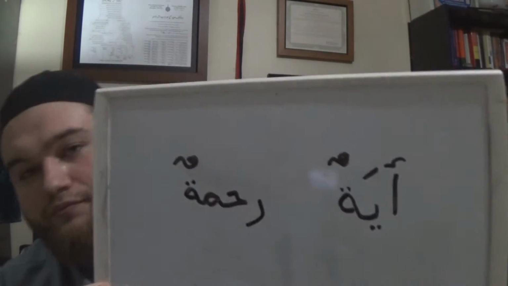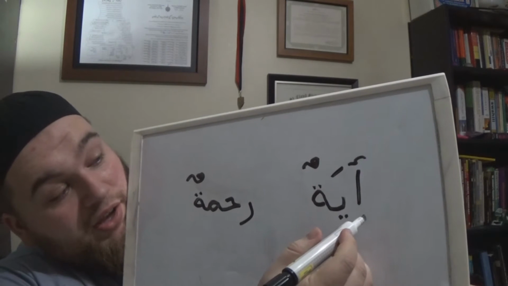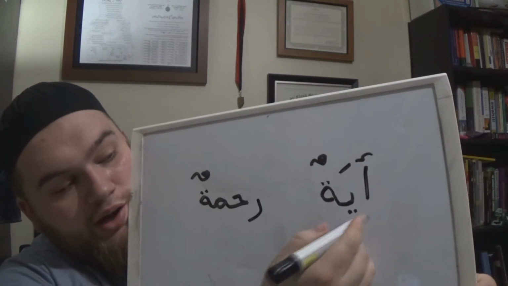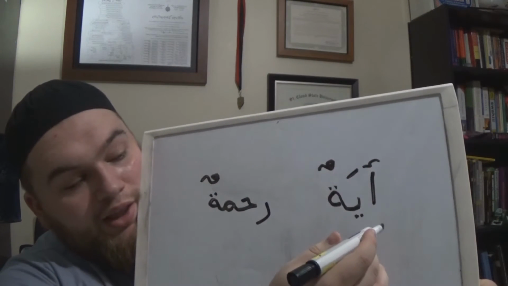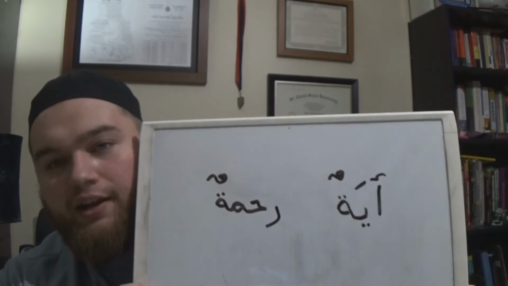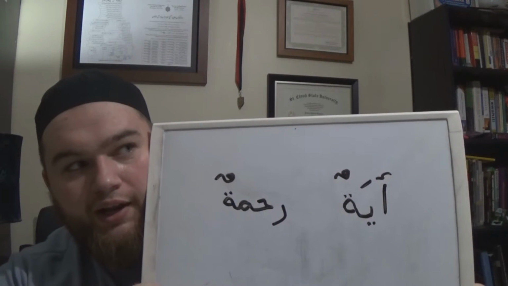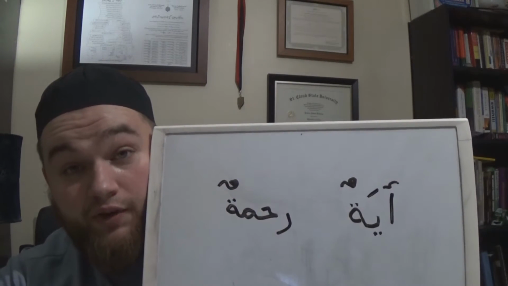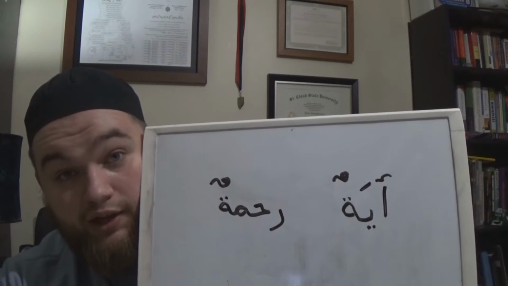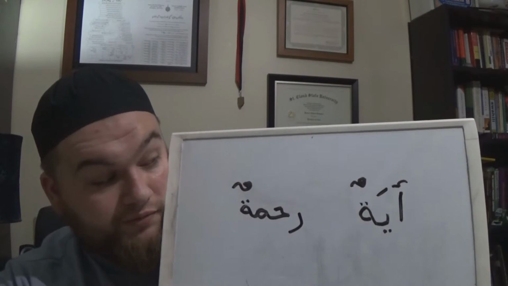Okay, so the first one we have here is ayatun. That linguistically means a sign, but it also means a verse, like a verse of the Quran. So it can either mean a verse or a sign.